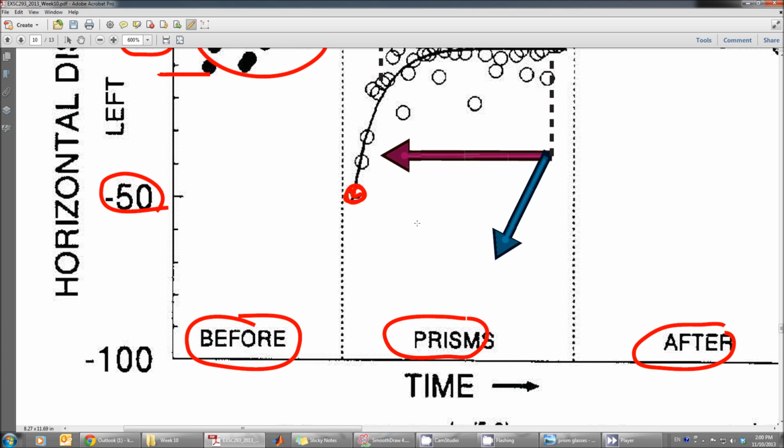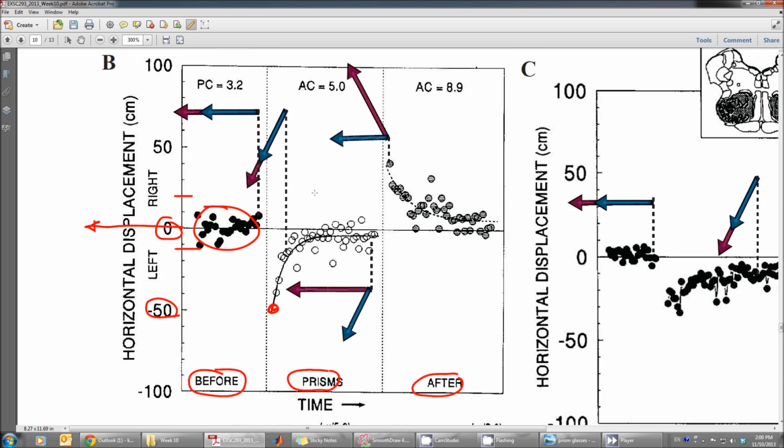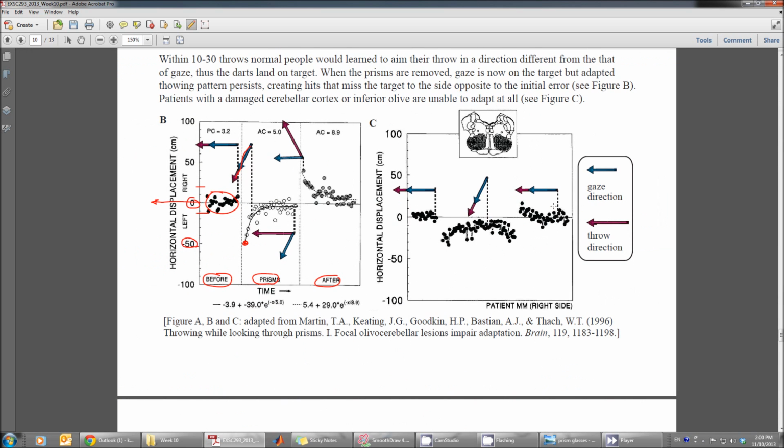The reason why this happens is, even though you're facing forward, and this is showing an example of that, the purple arrow shows the throw direction and the blue shows the gaze direction.